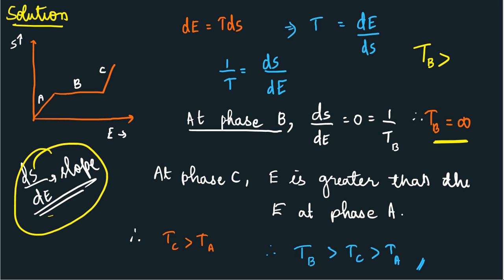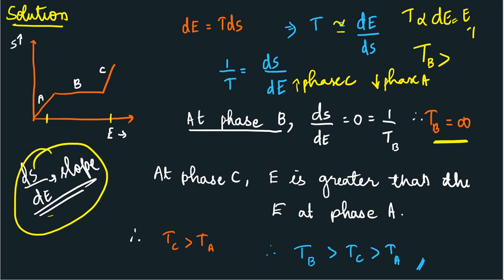Next, at phase C and phase A, you can see that at phase C the energy will be higher when you compare it with phase A. This is simple. You can directly say that at phase C, E is higher than A, and E will be lesser for phase A. So T is directly proportional to E, right?